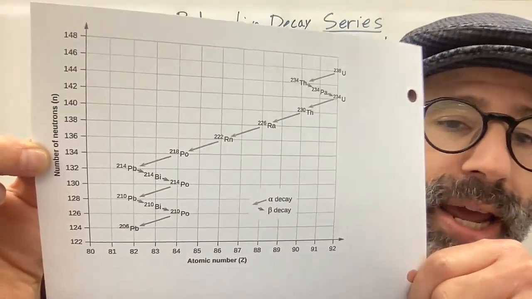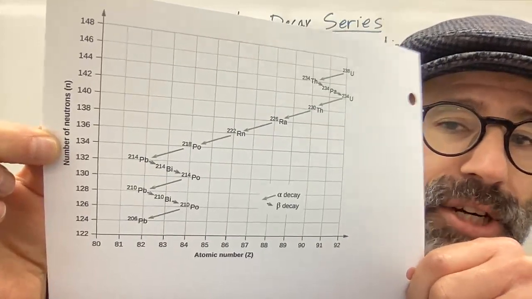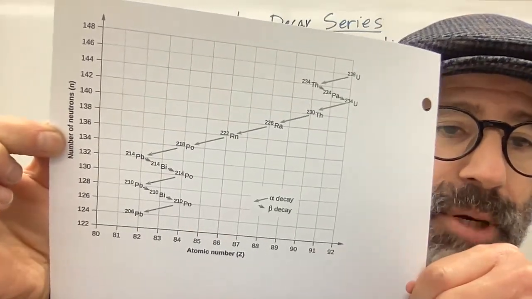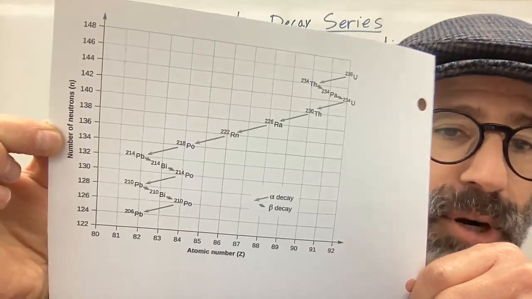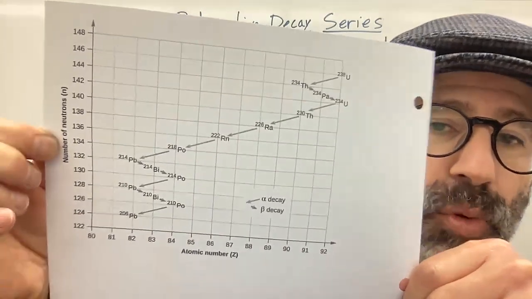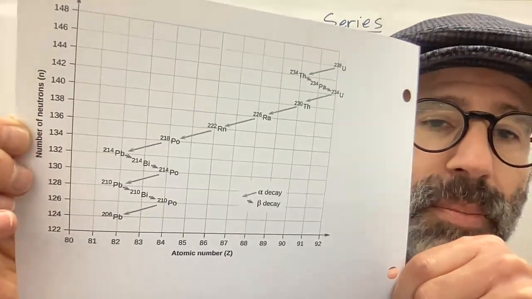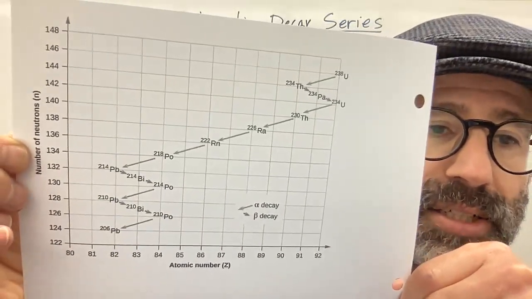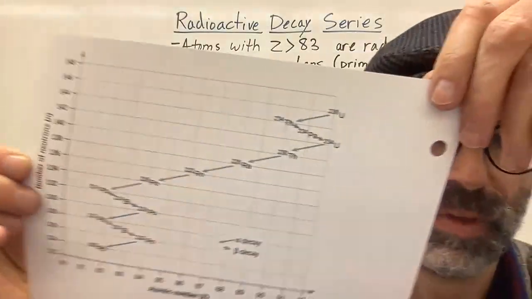Either way works. You can show the decay series by plotting either the atomic number to the number of neutrons or the atomic number to the mass number. This one is showing the number of protons on the x-axis and the number of neutrons on the y-axis.